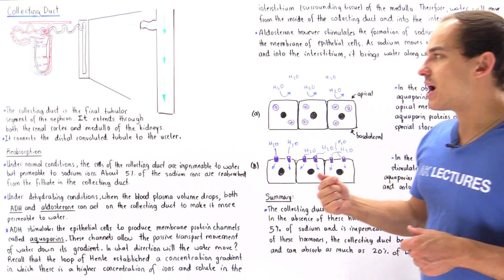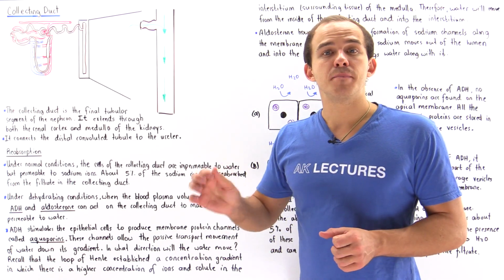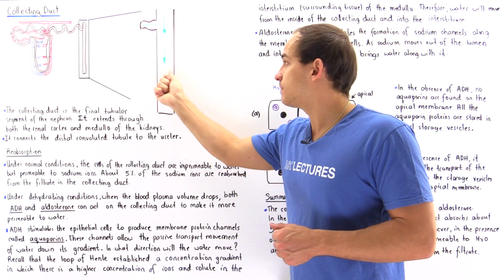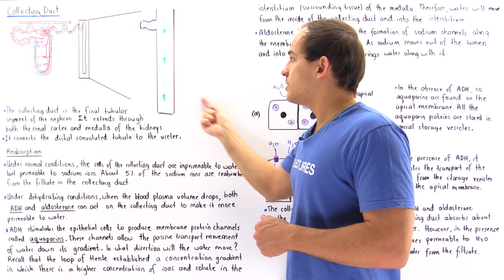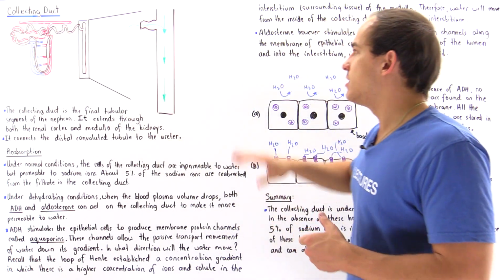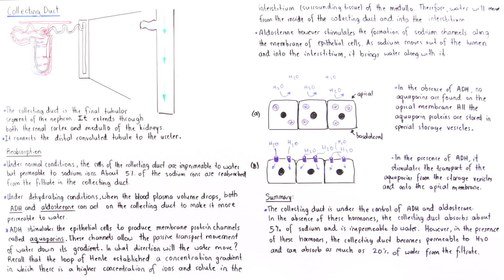As a result of that, water will basically follow, because if we have more sodium ions flowing out, the concentration here will increase, and so water will follow. And that's exactly what aldosterone does. So as sodium moves out of the lumen and into the interstitium, the surrounding tissue around the collecting duct, it also brings water along for the ride.